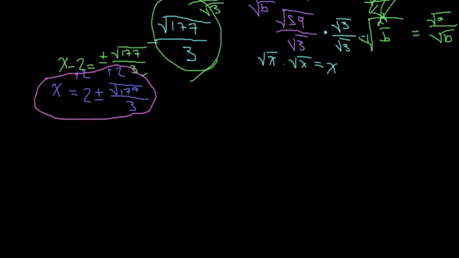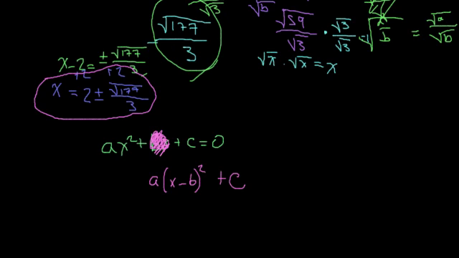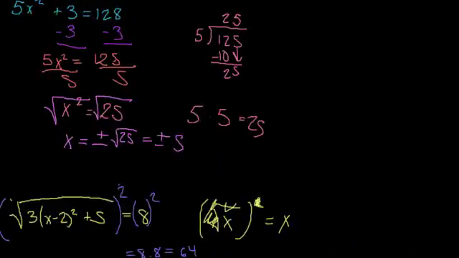By the way, most quadratics are written in the form ax squared plus bx plus c equals 0. When you're using simple algebra, the bx term doesn't exist, or else you can't use simple algebra. Or if you have something like a times x minus b squared plus c, you can use simple algebra. We just proved that you can use it right here.